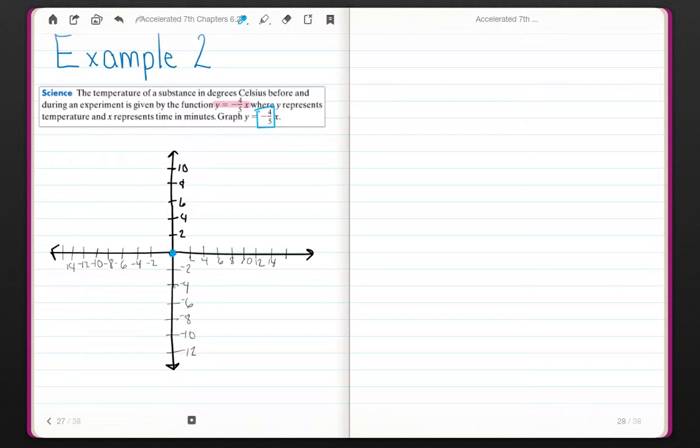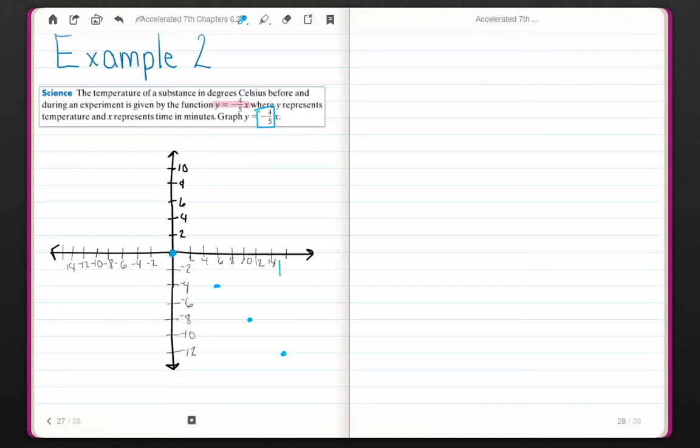Then I'm going to run right 5. So 2, 4, 5 is going to be in between 4 and 6. So my next point goes here. Down 4 again to -8, over 5 to 10, down 4 again, and over 5, which would be right about here.